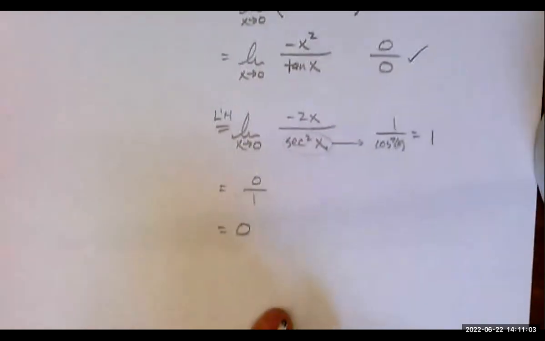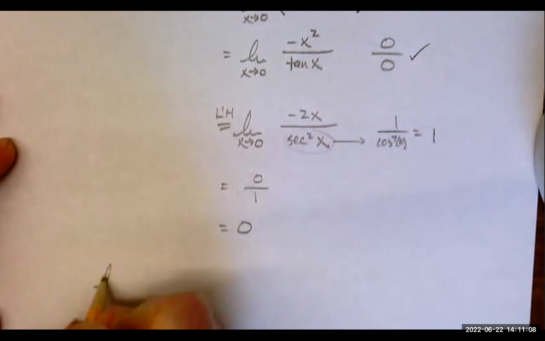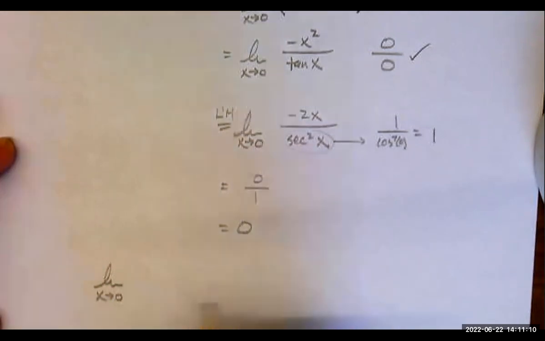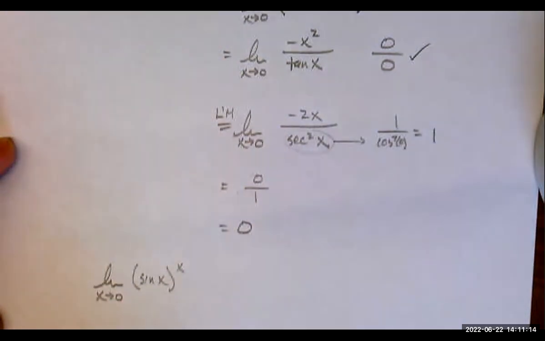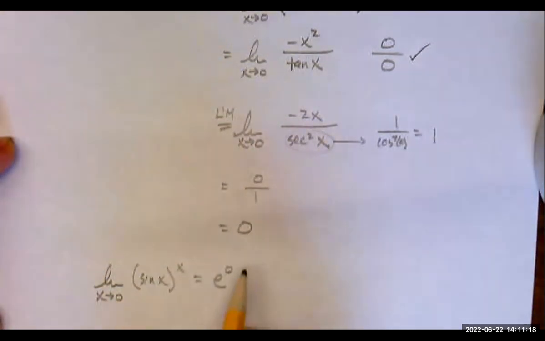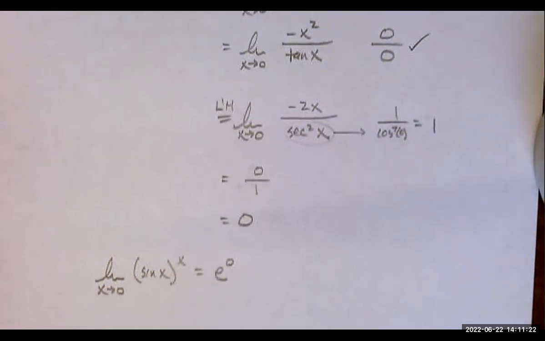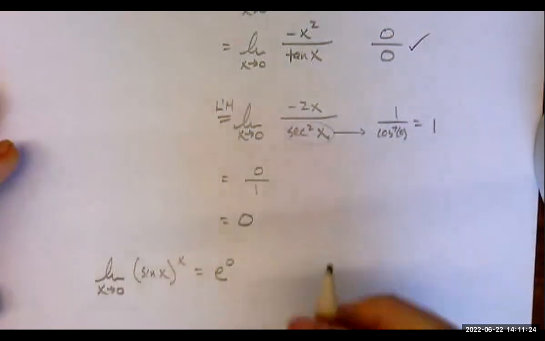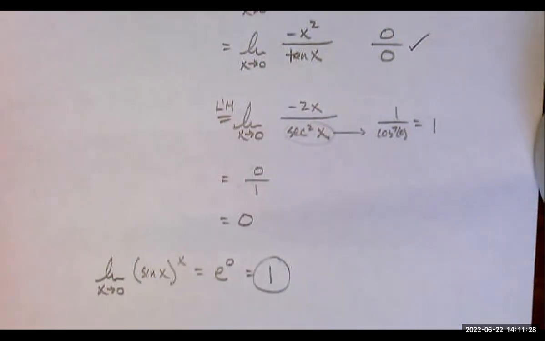Well, what cancels out a natural log? It's e. We want to know the answer to this, so we take e to the power of our answer here. And e to the 0, of course, is 1. And so there's the answer to the original function.